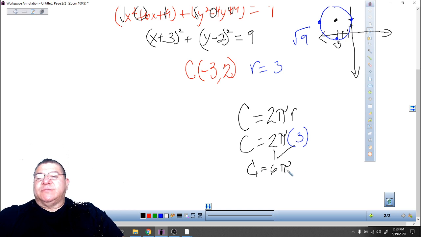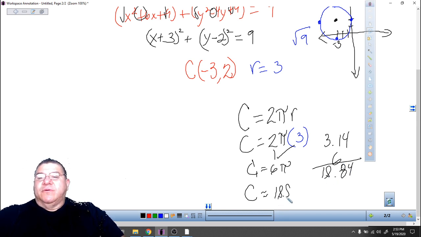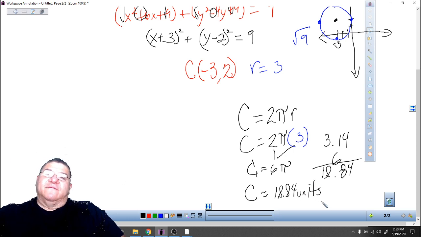And if we were to simplify a little bit more, the circumference will be approximately 6 times 3.14, which is 18.84 units. Circumference is the perimeter, so that's why we just write units.